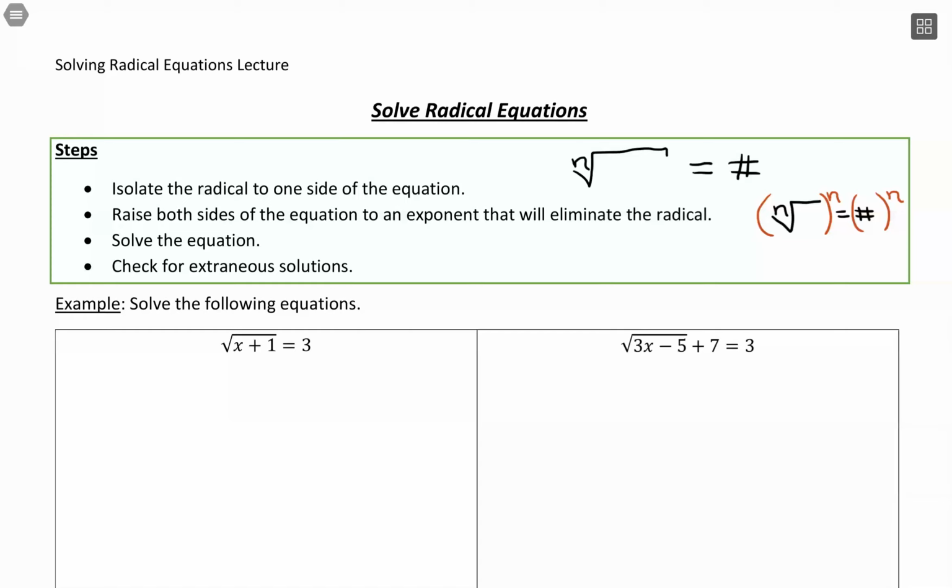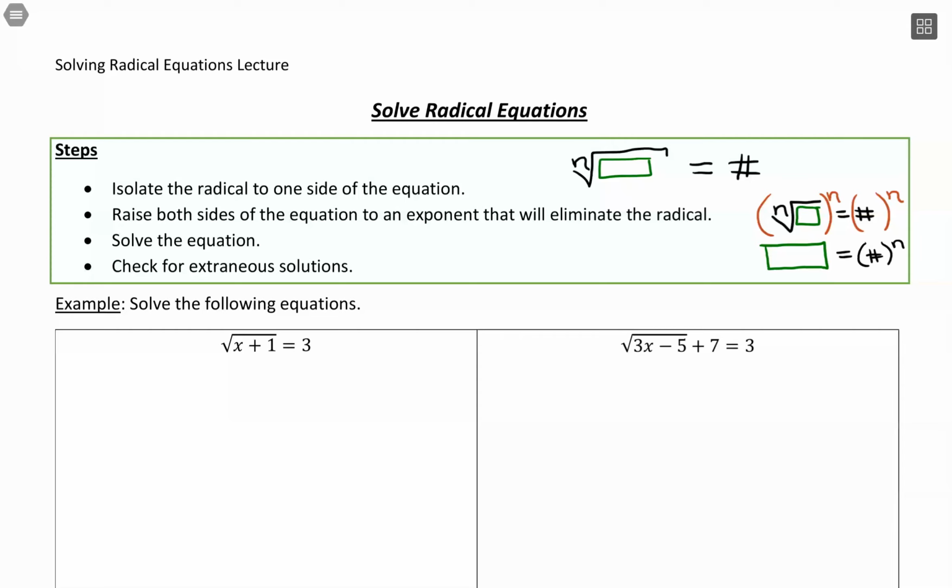And what that will do is that whatever's underneath the radical, the root and the exponent cancel each other out. So then you can get outside of the radical with that expression that was underneath, and then equals whatever that number is raised to that nth power, and then you can go through methods of solving the equation.